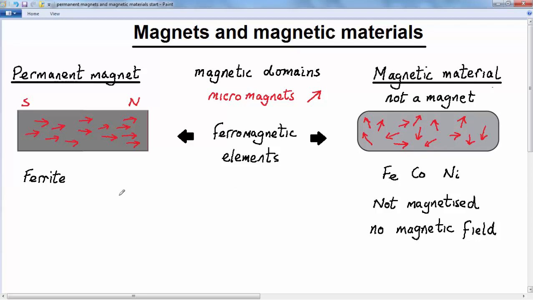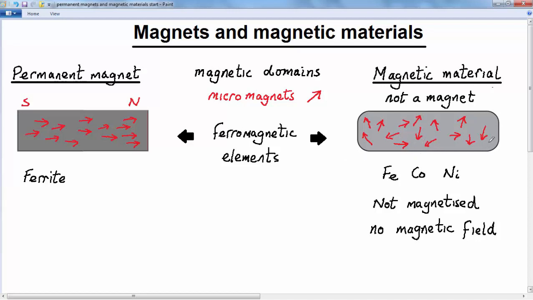Another key and very important factor in our permanent magnet, and for this reason it is called a permanent magnet, is that the domain orientations tend to be fixed in this same direction. Whereas in the case of our magnetic material, they are free to orientate themselves.